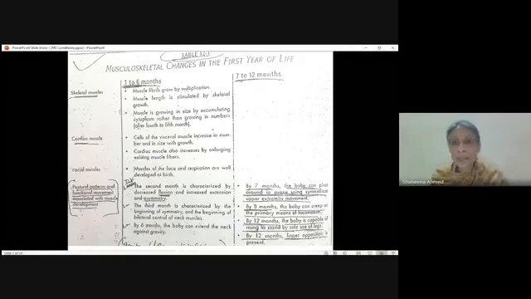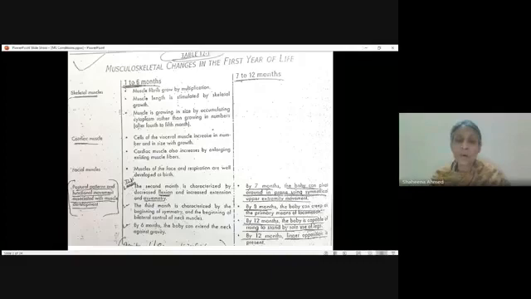The mother cannot take care of the baby's survival. The baby has to survive itself. So the lungs expand and they take over the respiration, the respiratory system.